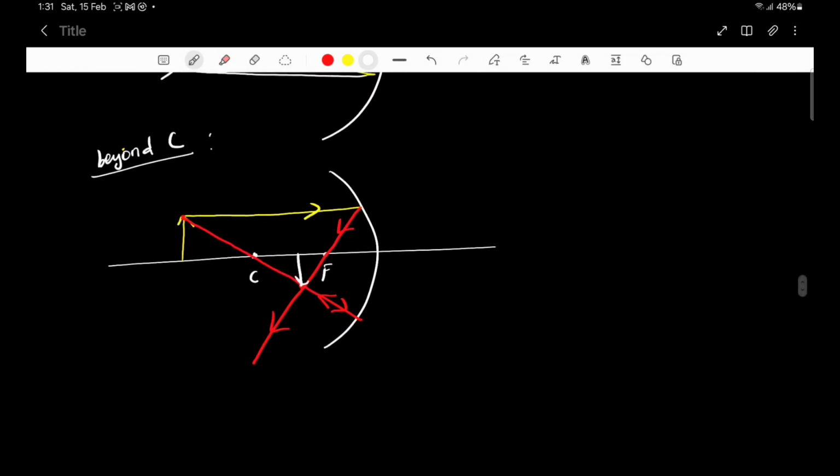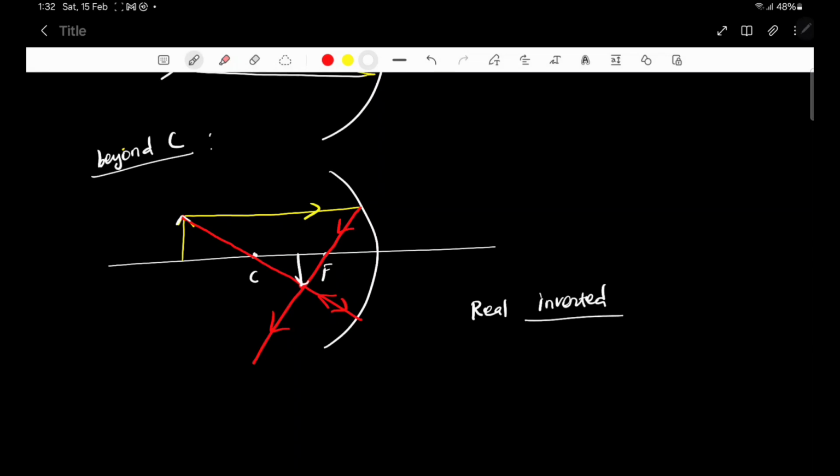So we can see very clearly when the object is placed beyond C, the image is formed between the C and F, and the nature of the image is a real image and an inverted image, because here we have the arrow mark pointed upwards, but here the arrow mark is pointed downwards. So it's an inverted image.